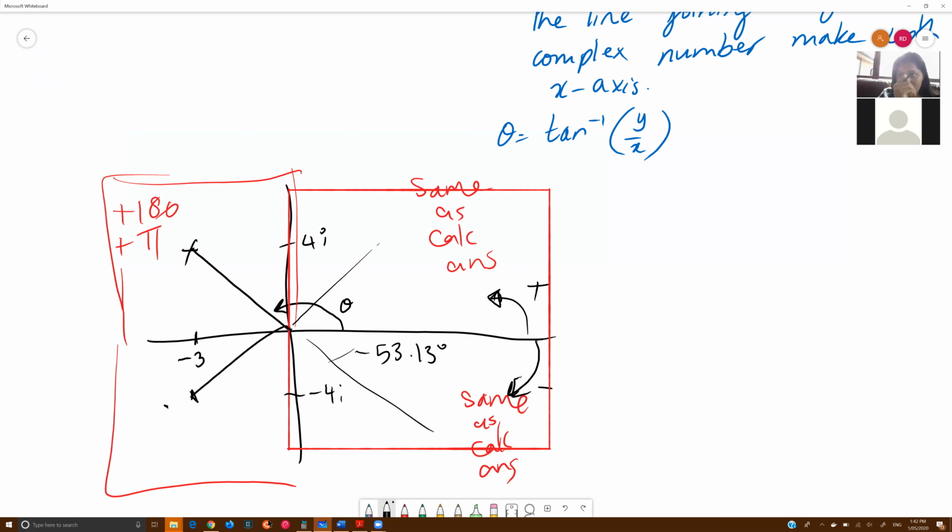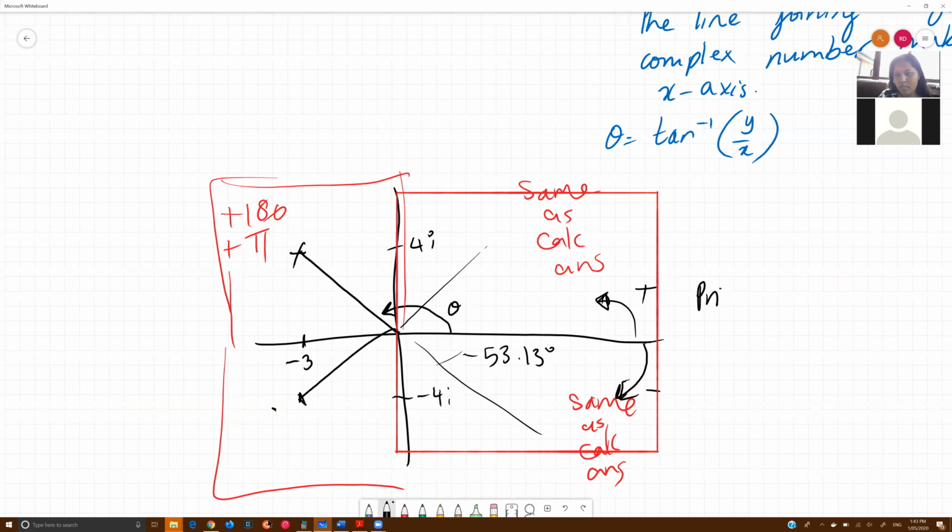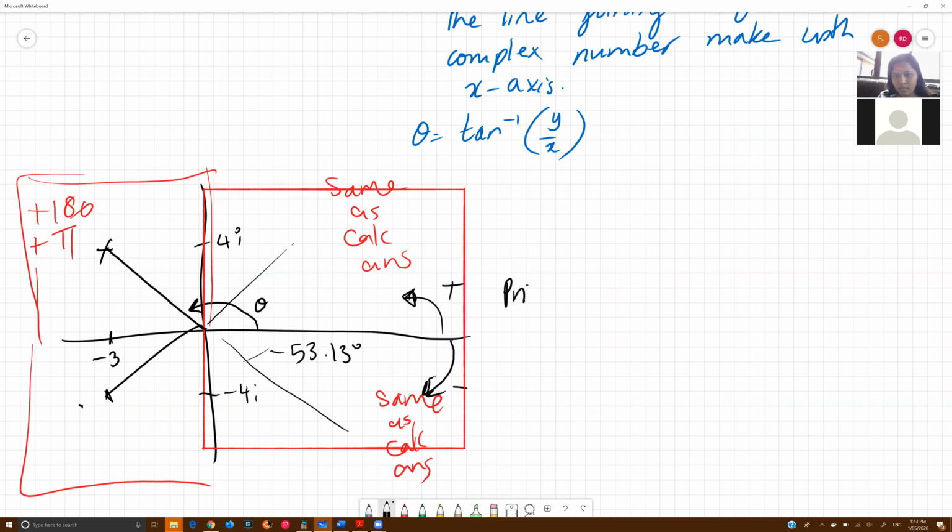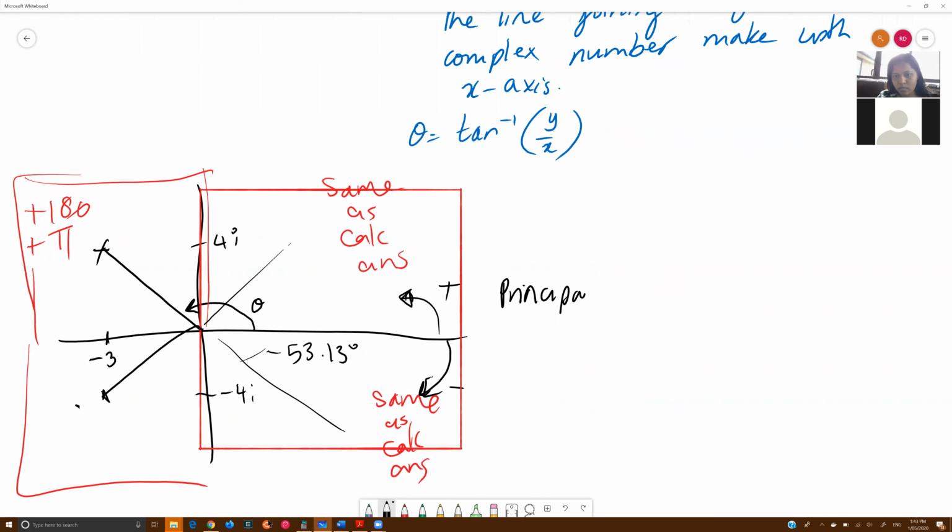Because it's in the negative direction, now that's another thing I should mention to you. We have something called a principal argument form. We always try and give our angle within this range. So the angle is always between 180 and negative 180.